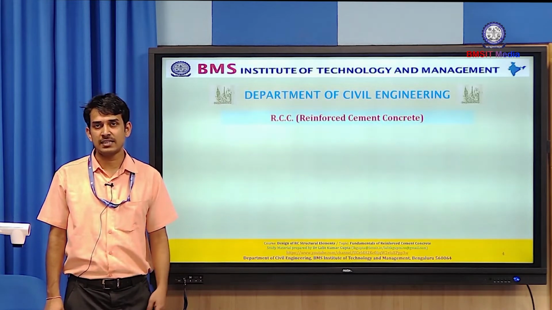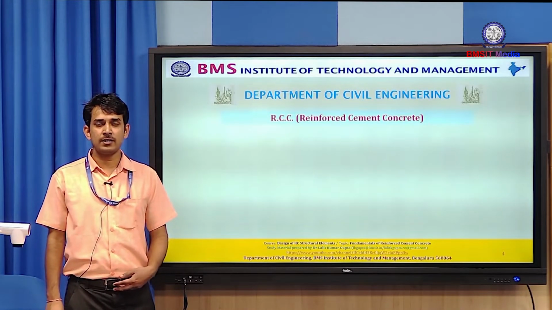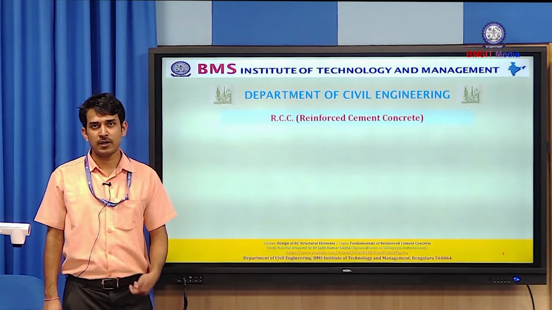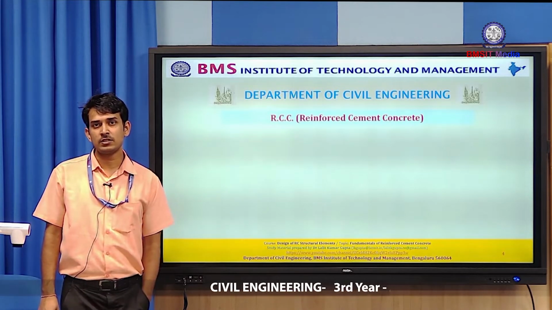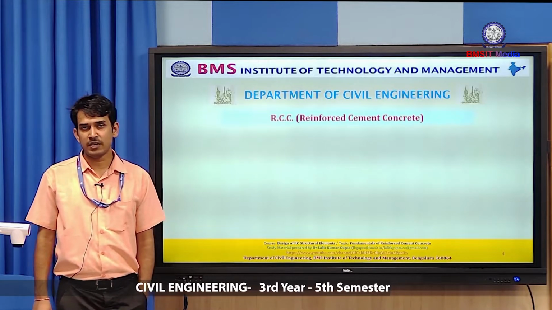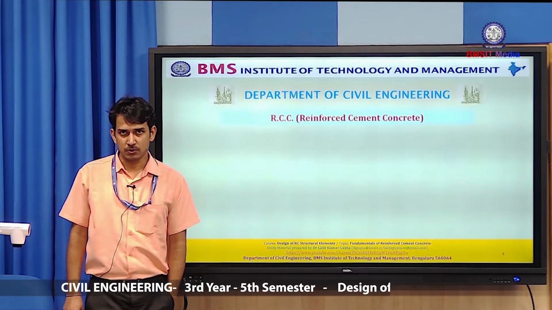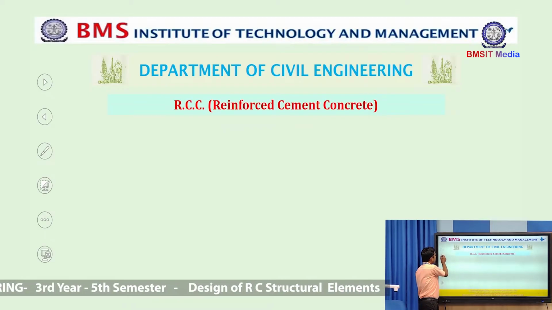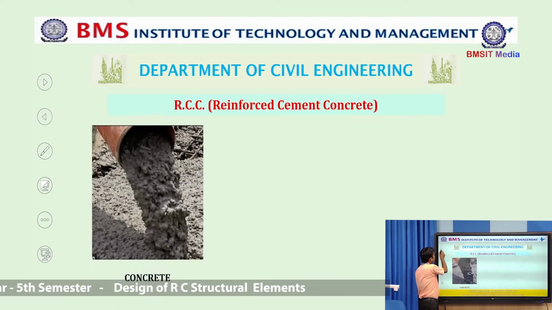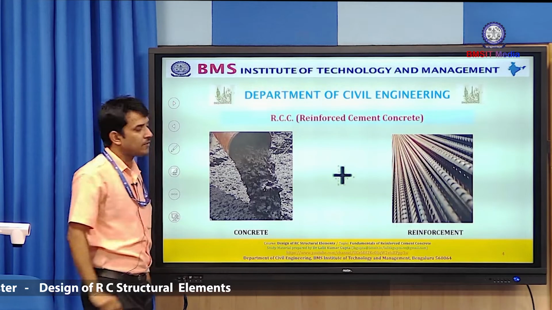For those tensile stresses we need to provide reinforcement, because concrete is not enough to resist them. That is why we provide the reinforcement. So reinforced cement concrete is the combination of the concrete as well as the reinforcement.